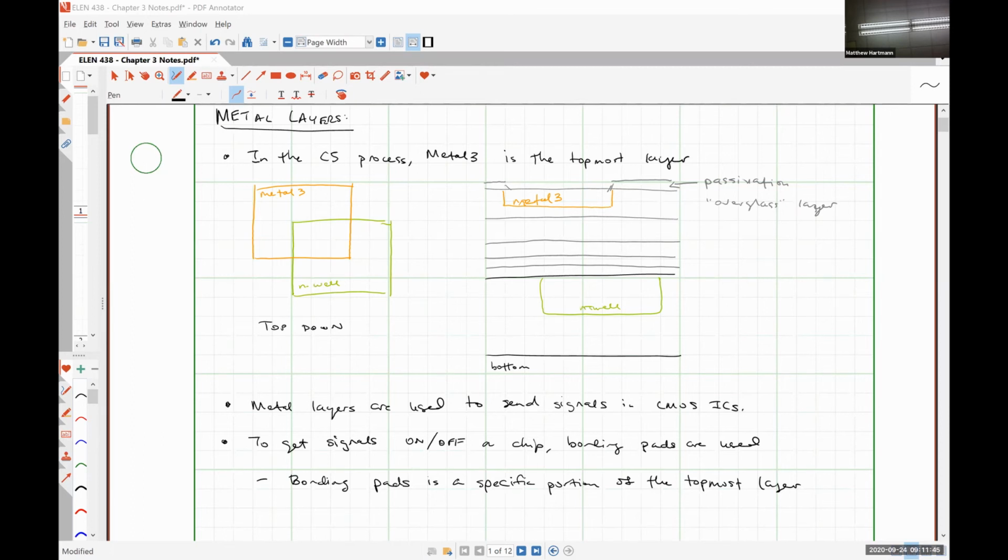Are you guys still seeing the PDF with the notes or the CMOS rules? It's in the notes. Yeah, it's the note.